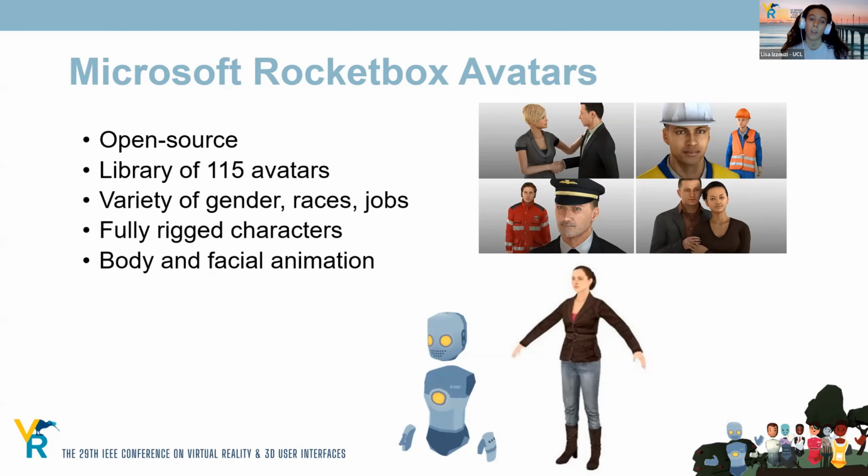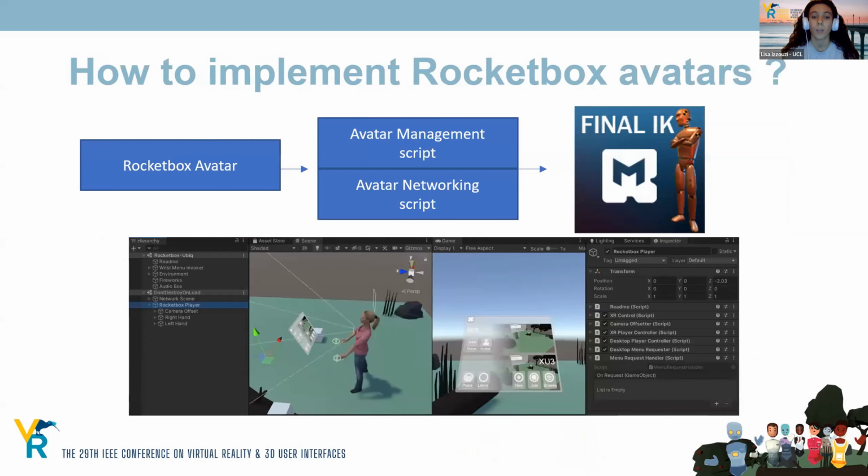These avatars are fully rigged characters and allow animation of both the body, but also the facial animation. Why we decided to use this Rocketbox avatar is that we wanted to offer another solution from the floating avatar that currently exists in Ubik.